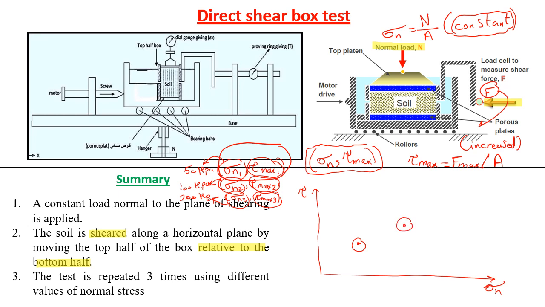You will plot the second stress state, which corresponds to the second test, and you will plot the third point, or the third stress state, which is sigma n3 and tau maximum 3, and then you will draw a straight line passing through these points. This straight line is called the Mohr-Coulomb failure envelope.